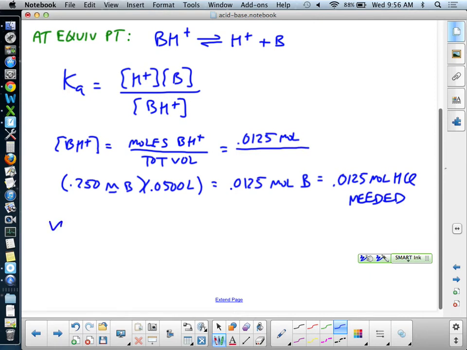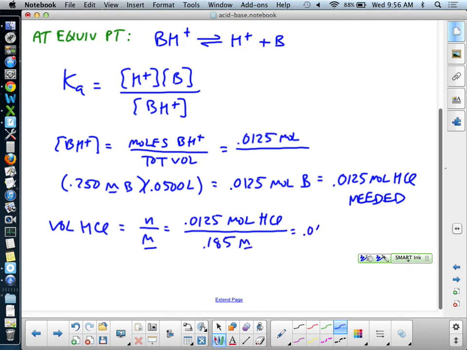So the volume of HCl is going to be moles over molarity: 0.0125 moles of HCl required, divided by the molarity of hydrochloric acid, which is 0.185, and the answer is 0.0676 liters of HCl.